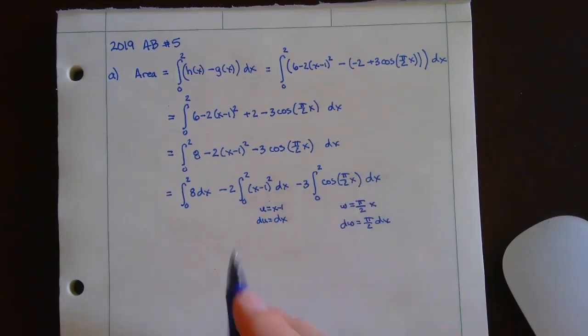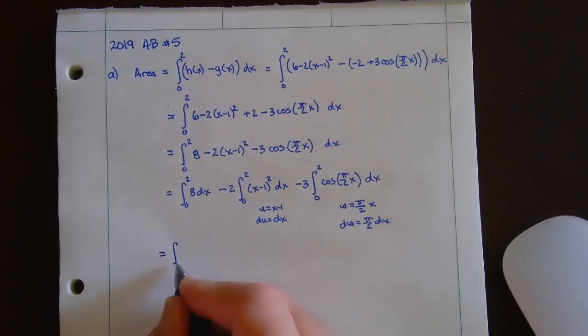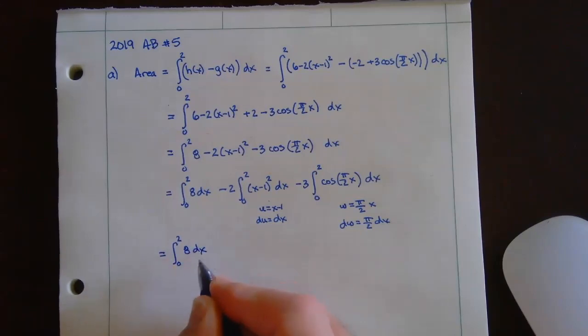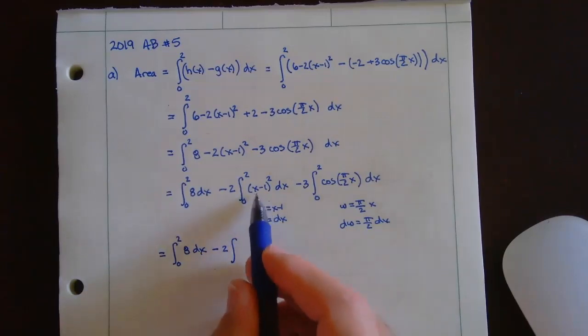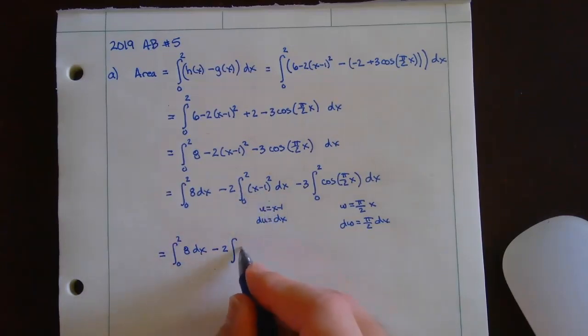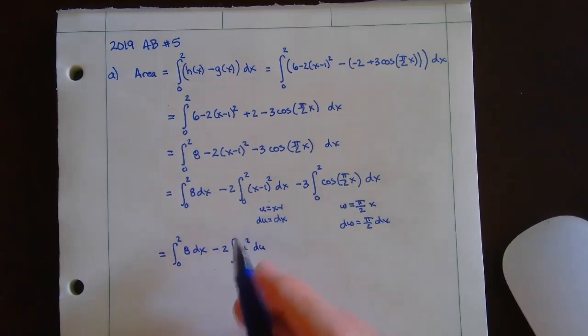get this. Okay, so then this first one is the integral from 0 to 2 of 8 dx, and then minus 2 times the integral of u squared du, and then this would be from -1 to 1, okay?